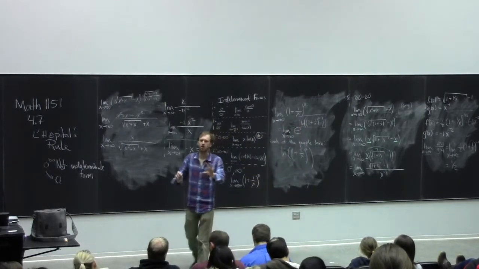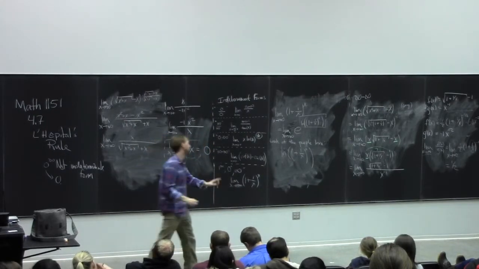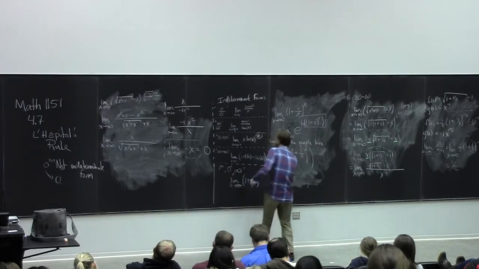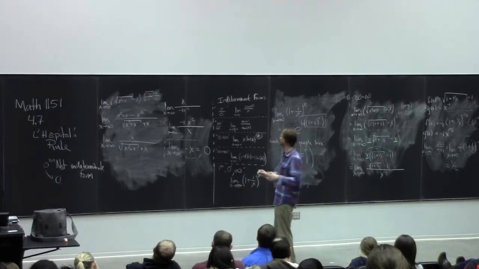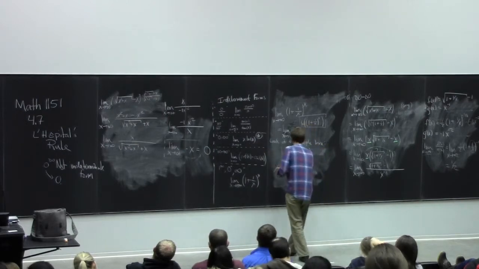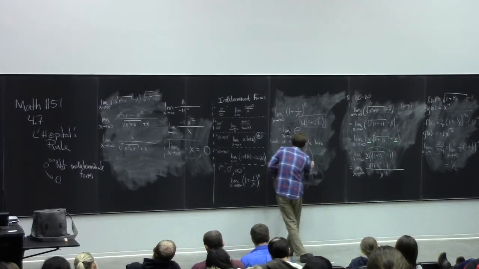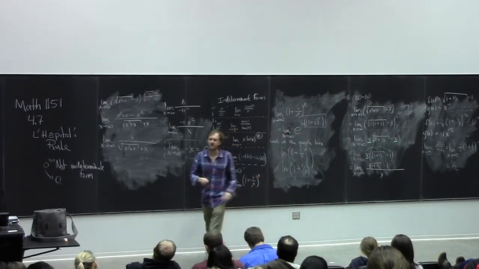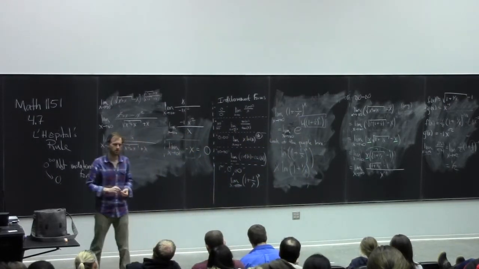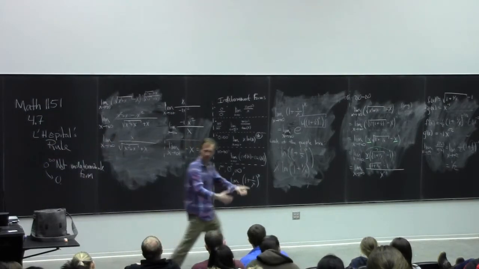And when I have natural log of something to a power, what can I do with that power? Bring it down, right? And so now, this looks a lot like an example that I did earlier: x times natural log of 1 plus 1 over x. And what was the trick with this problem? What did we do? Yeah, 1 over x to the negative first. We're doing the same trick again and again.